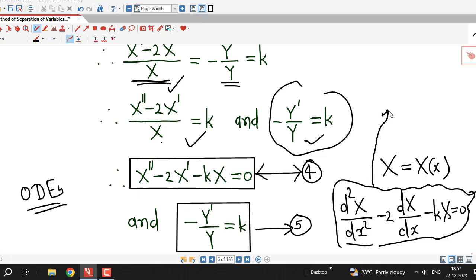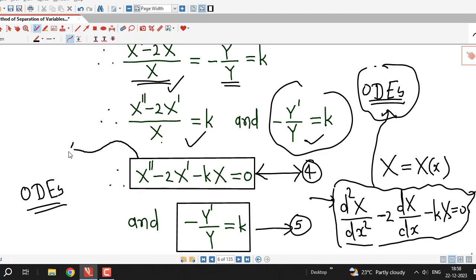And if you have no idea about ordinary differential equations, then you can visit my lecture series on ordinary differential equations. So to solve equation number 4, we observe that this is a homogeneous linear ordinary differential equation with constant coefficients. To find the solution, first we have to write down the characteristic equation or auxiliary equation for equation 4.